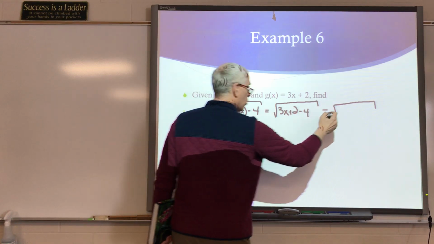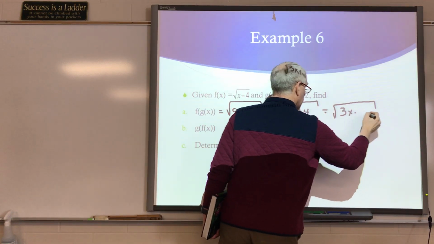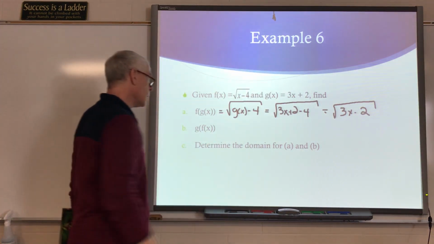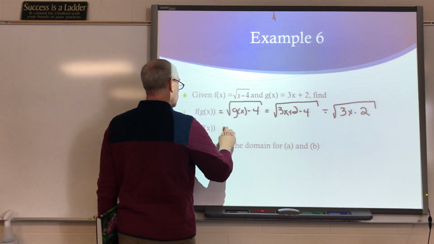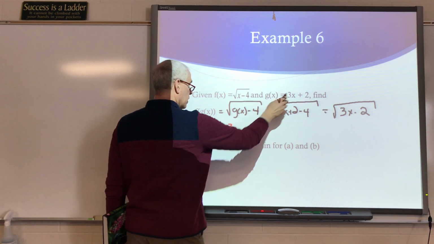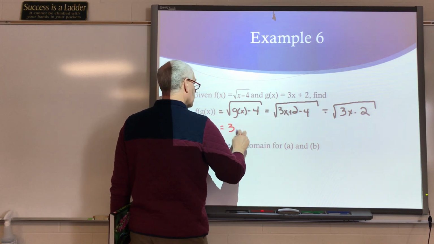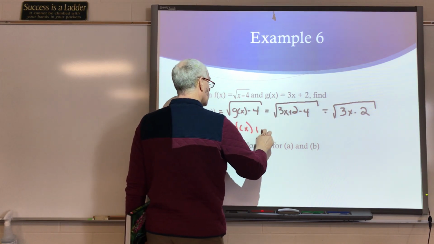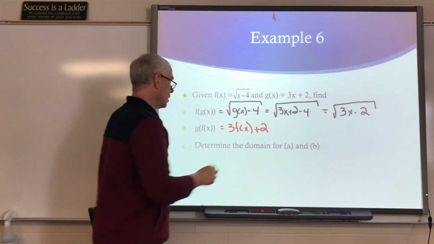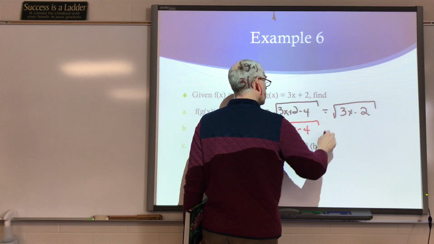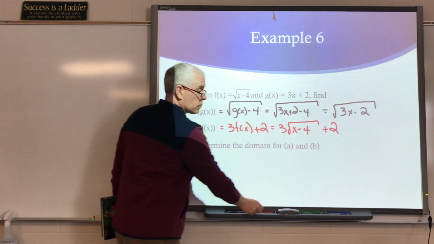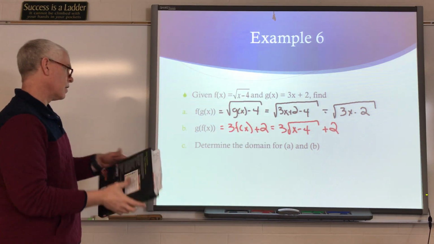And minus 4, this would be 3x minus 2. Okay? G of f of x, well, the g function is 3, and then the x would be f of x plus 2. Okay? Well, f of x is the square root of x minus 4. So now we have that scenario. Okay?